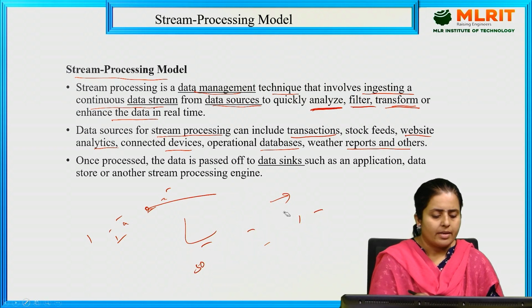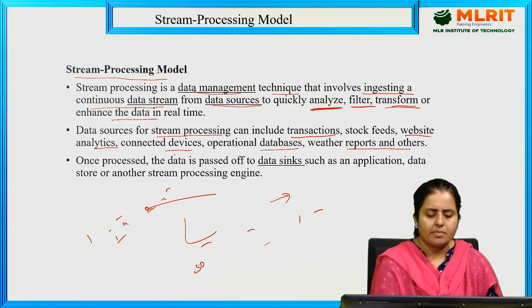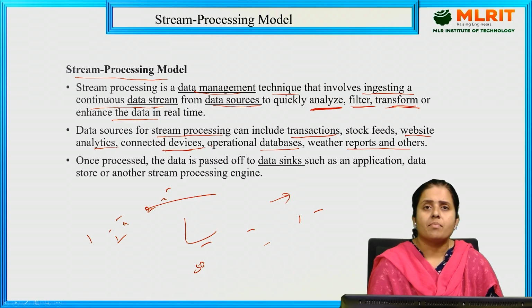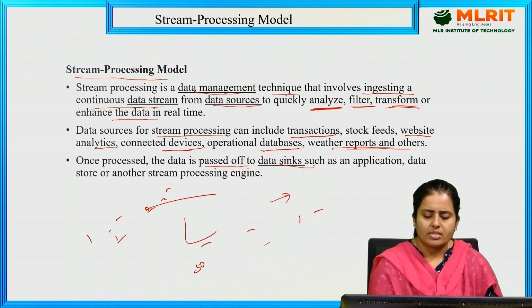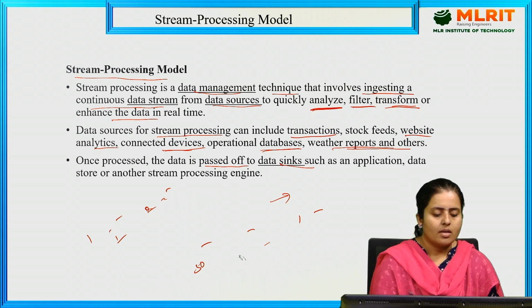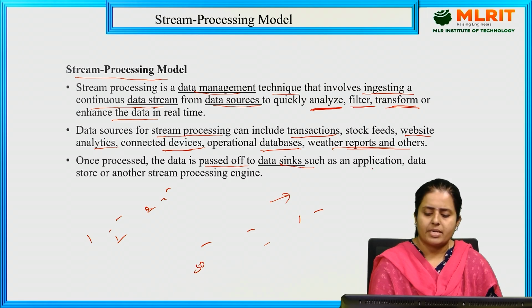Next, as a data source we can collect data from multiple devices, some databases, and some weather reports for real-time analysis. Once processed, the data is passed off to data sinks such as an application, data store or another stream processing engine.